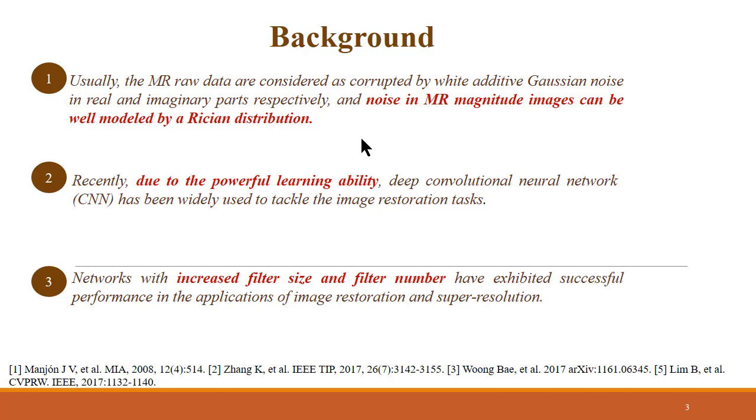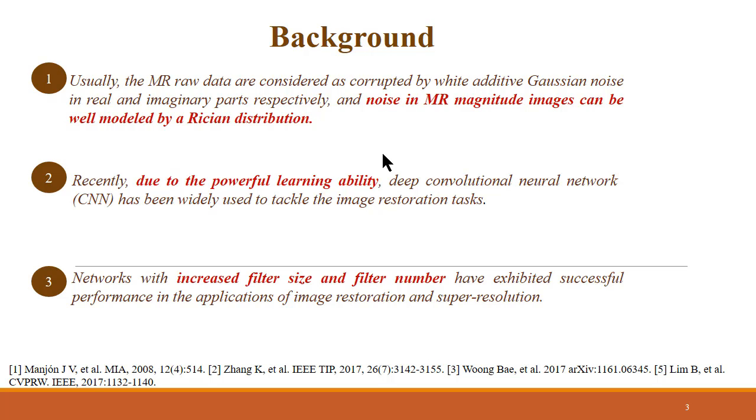Basically, the MR data are considered as corrupted by wide additive Gaussian noise in the real and imaginary parts respectively. Usually when simulating MRI data, we add Gaussian noise in two parts. But the noise in MR magnitude images can be well modeled by a Rayleigh distribution.